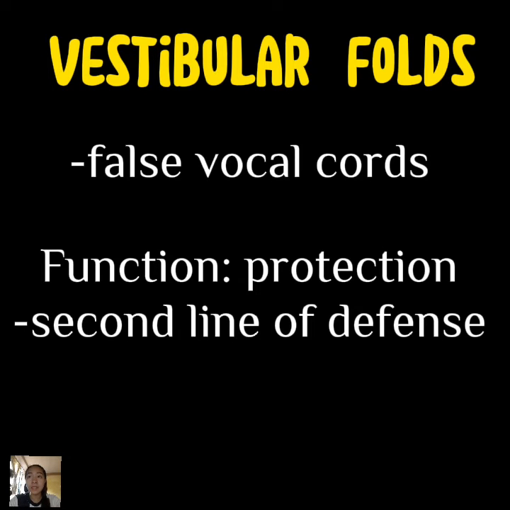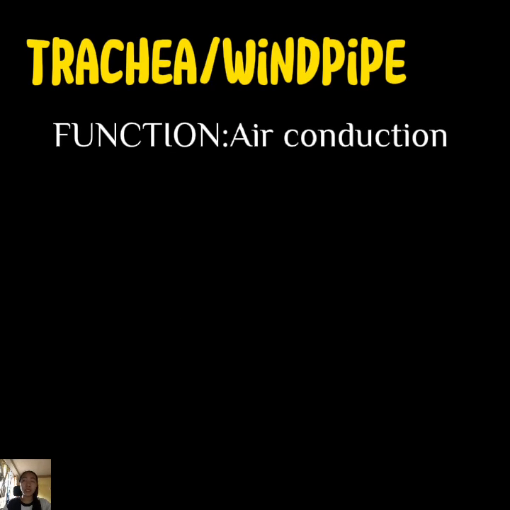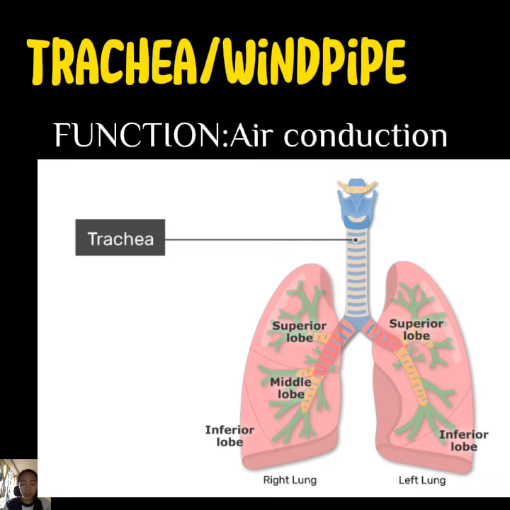Their function is a second line of defense, as they protect the more delicate vocal folds that lie beneath them. Then the trachea or windpipe allows air into the lungs. It conducts air between the larynx and the bronchi below, and it has C-shaped cartilage rings embedded in its anterior and lateral walls for support.